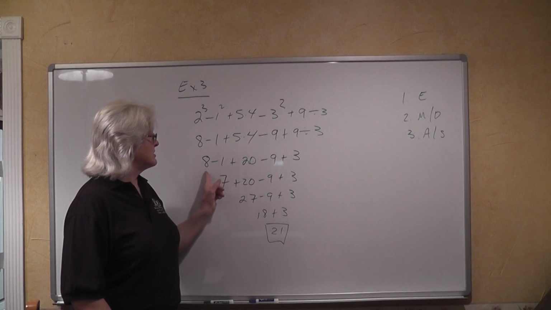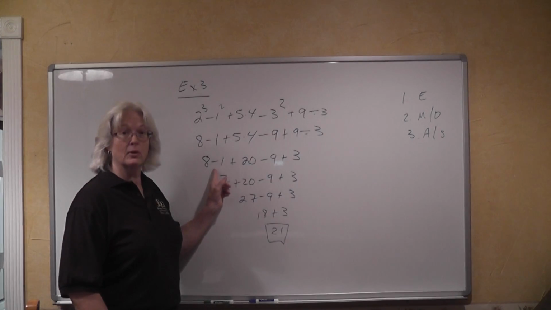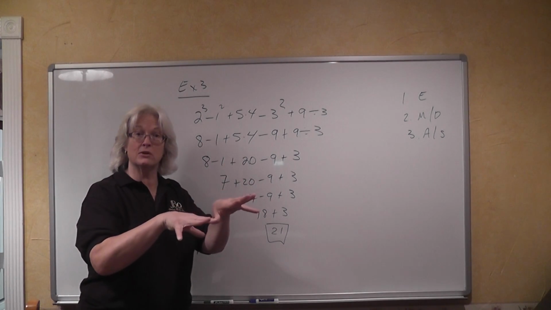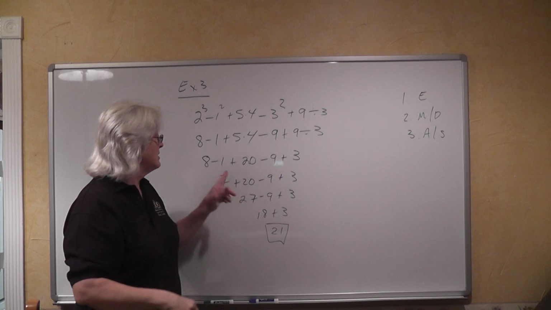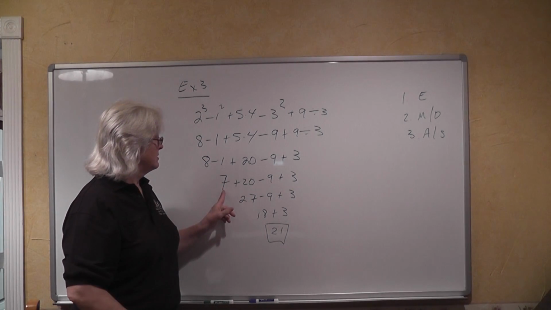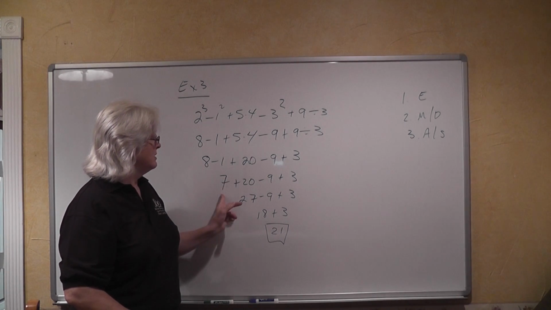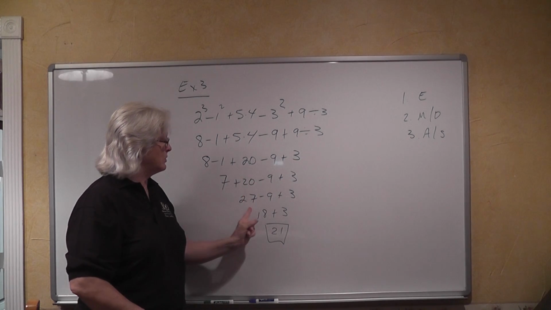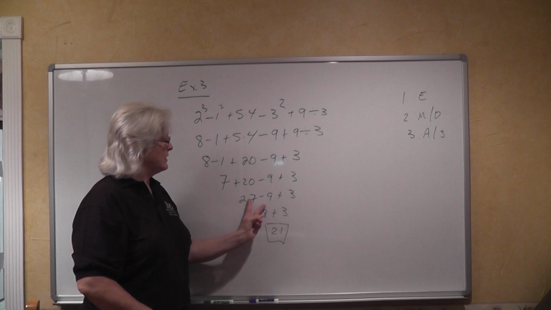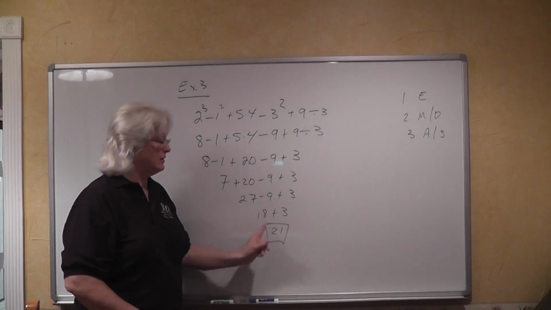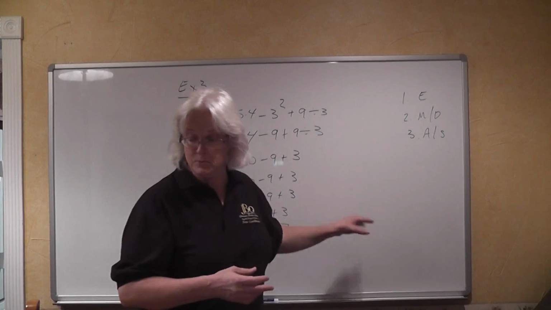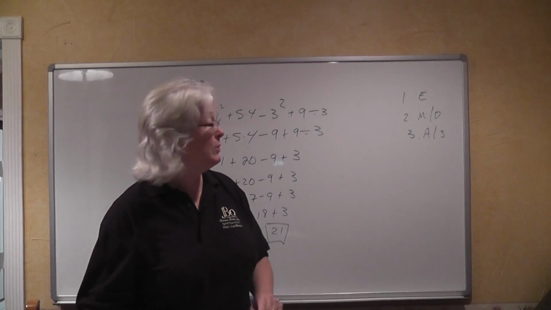And right here you saw that even though it was subtraction, it's in order from left to right, and addition and subtraction are the same level of importance. So we subtracted 8 minus 1 to get 7, copied the rest of the problem. 7 plus 20 is 27. 27 minus 9 is 18, to finally end up at our solution to this problem of 21.